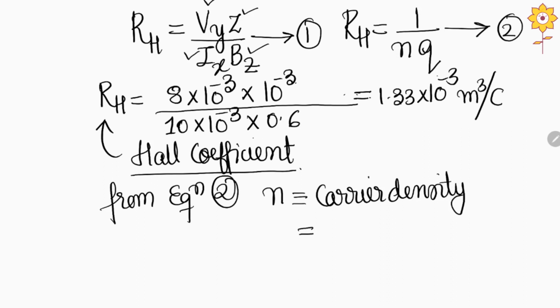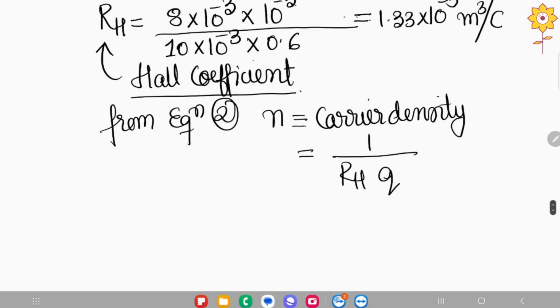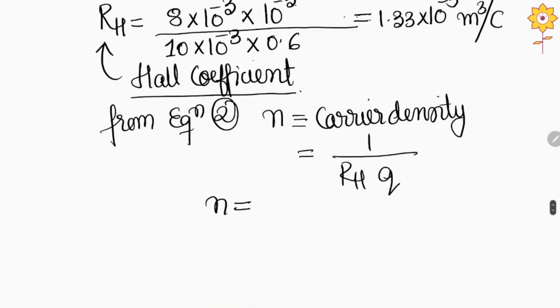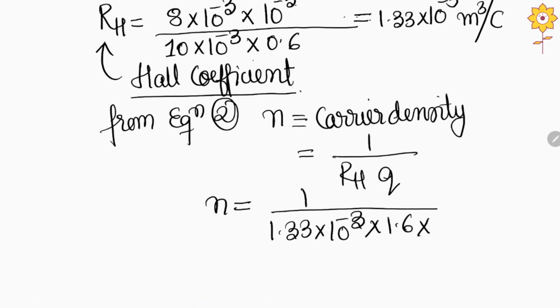This is going to be 1 upon RH into Q. If you substitute the values, your N is going to turn out as 1 upon RH, we got the value of 1.33 into 10 raised to minus 3, into Q, and the Q is 1.6 into 10 raised to minus 19.